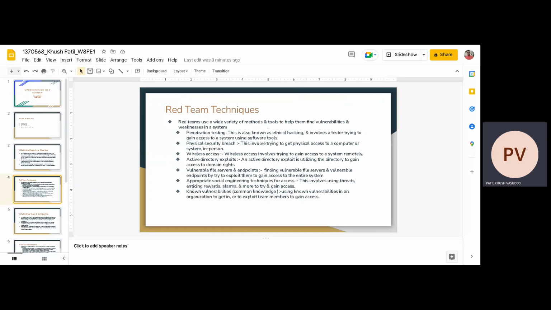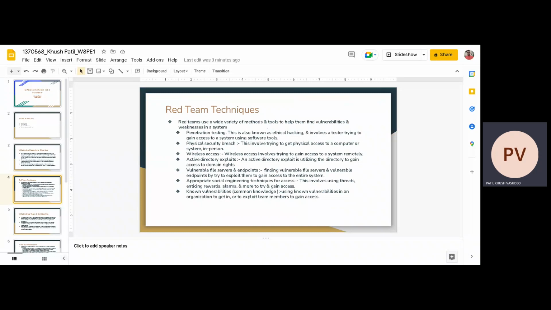The first one is penetration testing, which is also known as ethical hacking. In that, the testers try to gain access using software tools like Nessus Pro and OWASP ZAP.